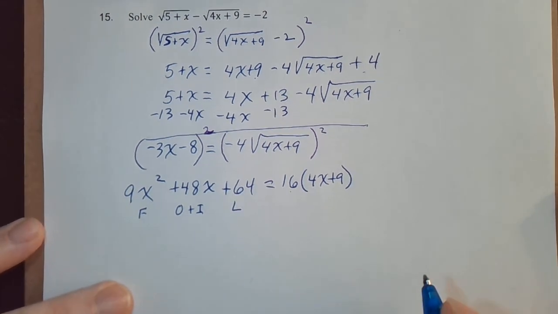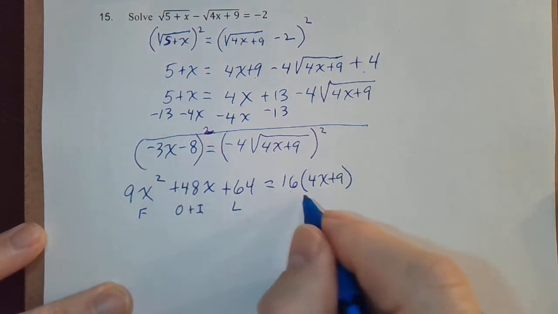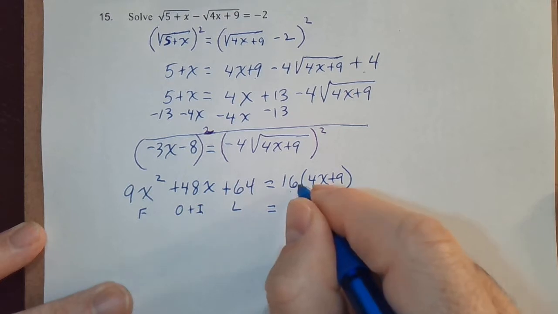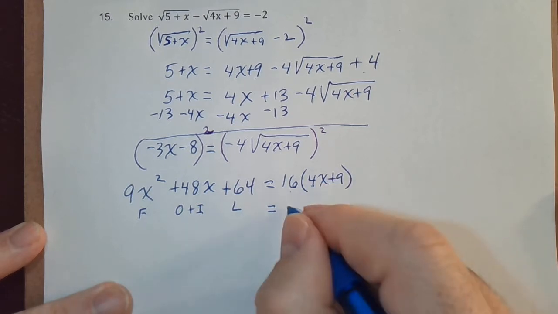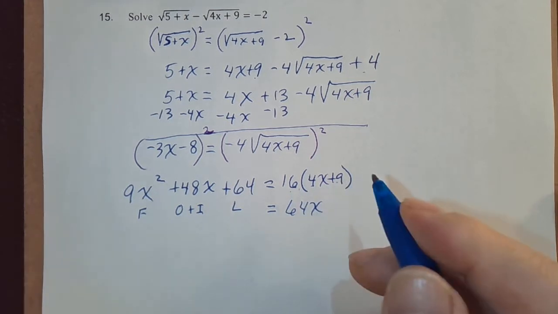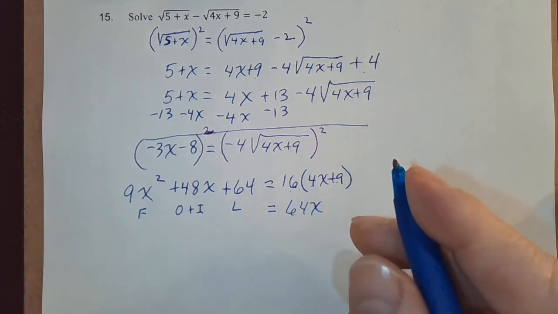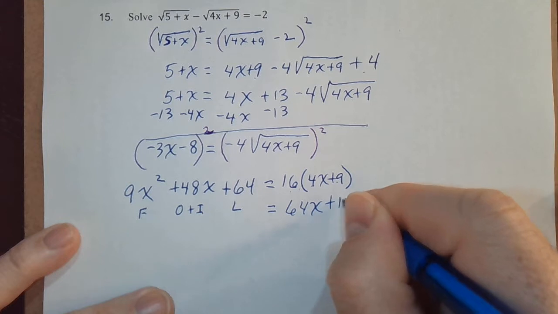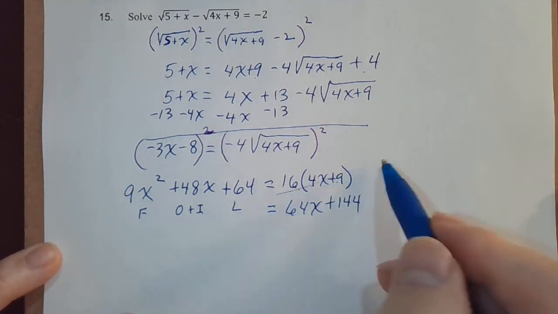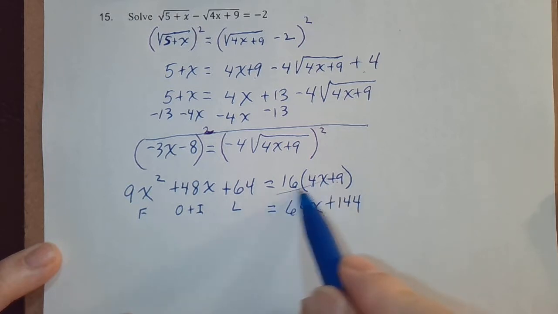All right, let's see what we get now. Let's multiply this out. 16 times 4 is 64x. 16 times 9 is, I believe, 144. Okay, so maybe I'll put a line through that because I simplified this, distributed it, to get this.